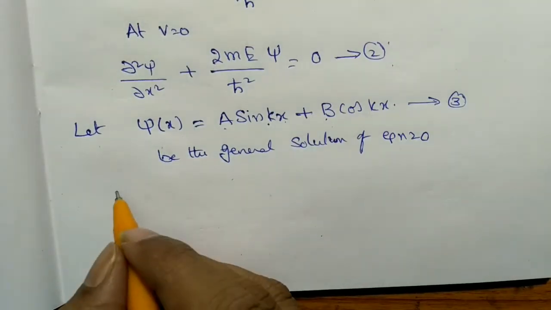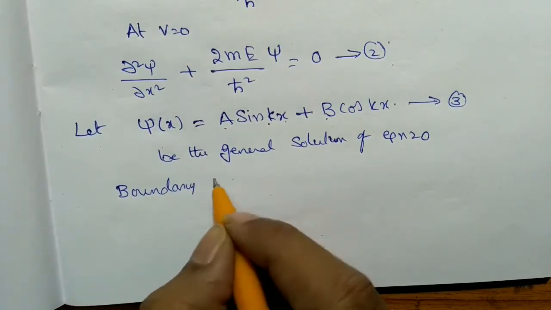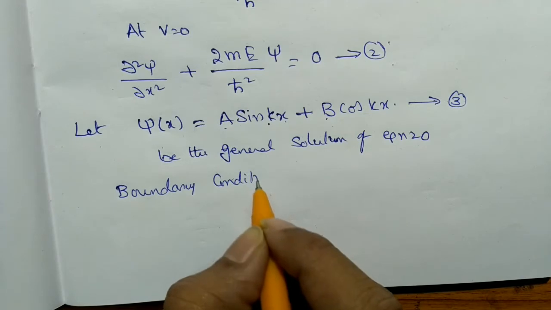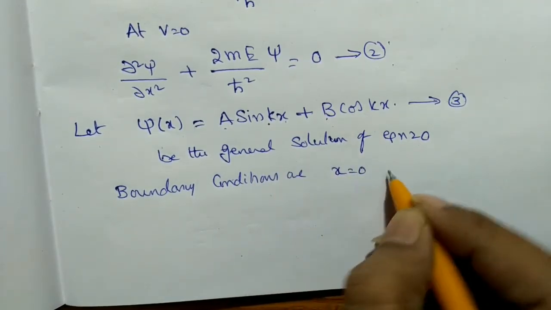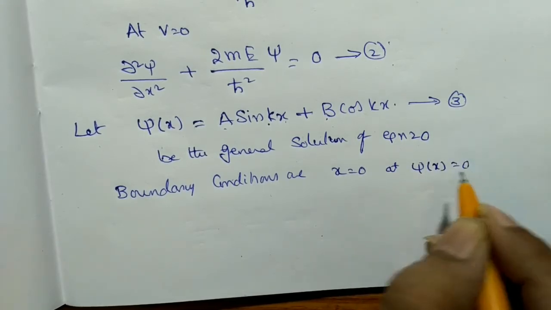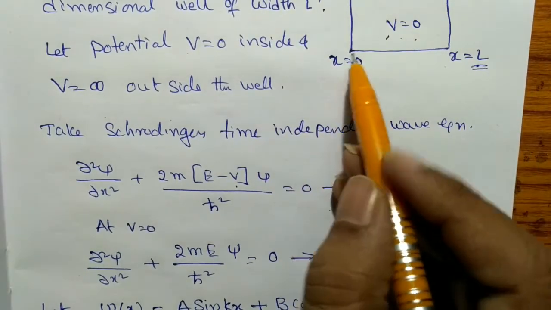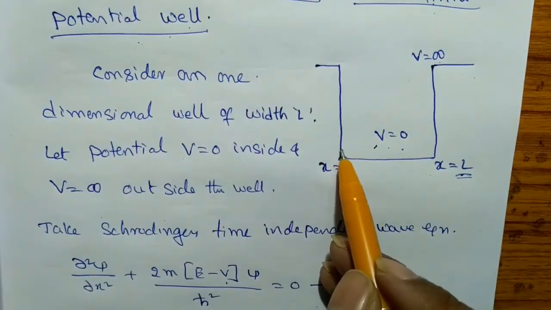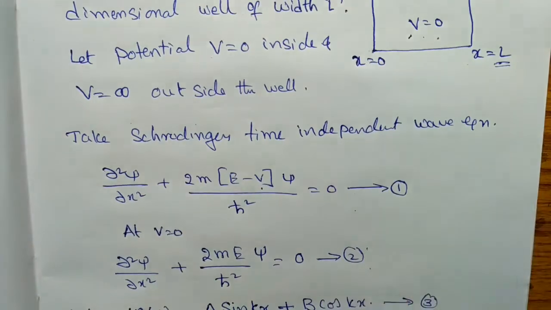Now the boundary conditions are, at x is equal to 0, psi of x is equal to 0. That means at the starting point, the wave function of the particle is 0, at this first boundary.